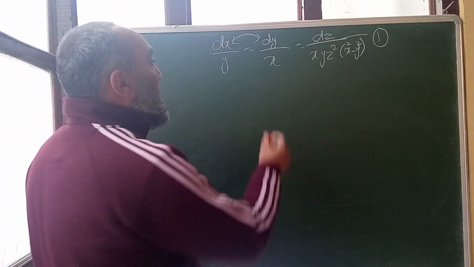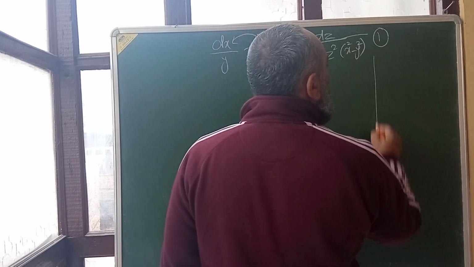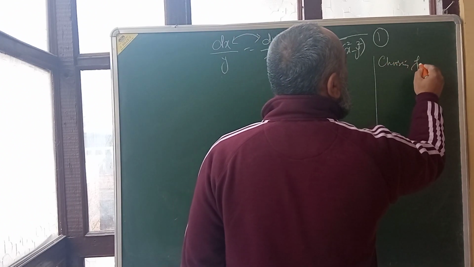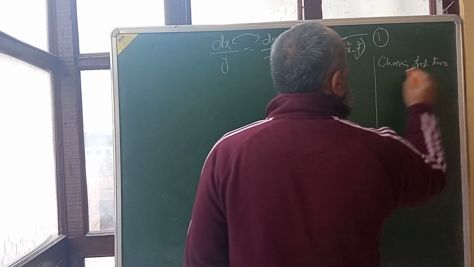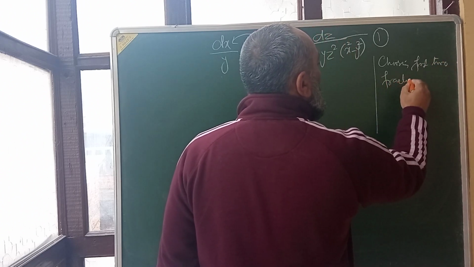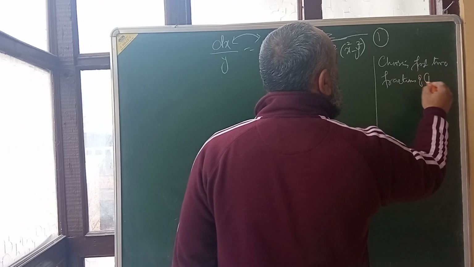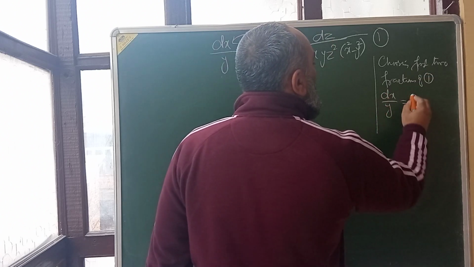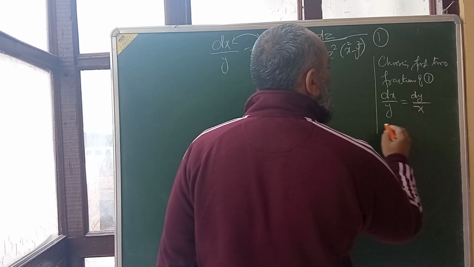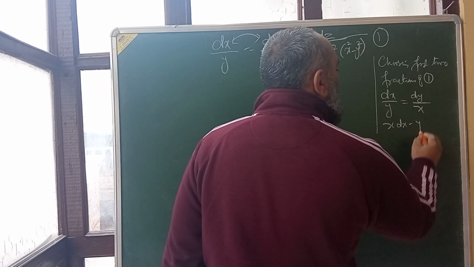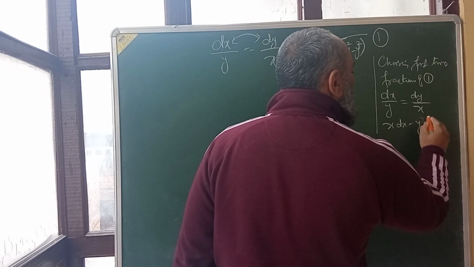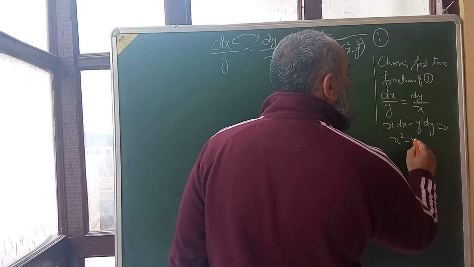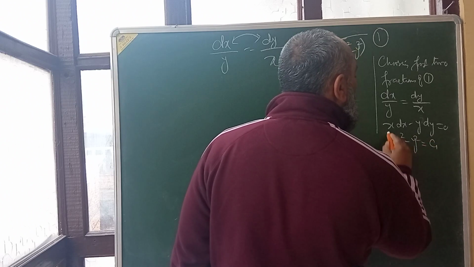Remember it. Now taking first and second fractions of 1 together, we have dx by y equal to dy by x, meaning x dx minus y dy equals 0, which gives us x square by 2 minus y square by 2 equals c1 by 2.